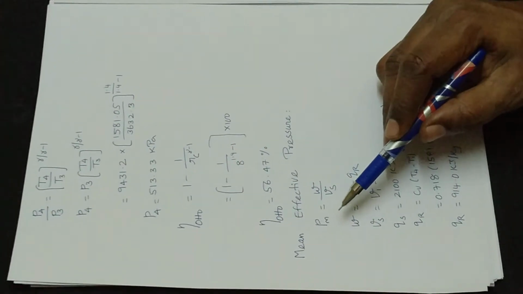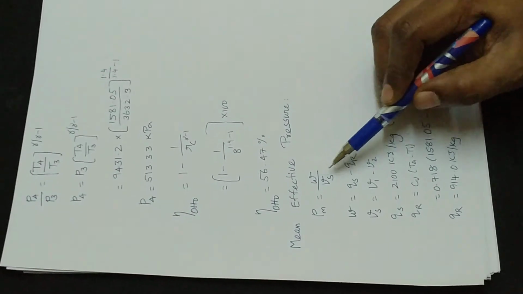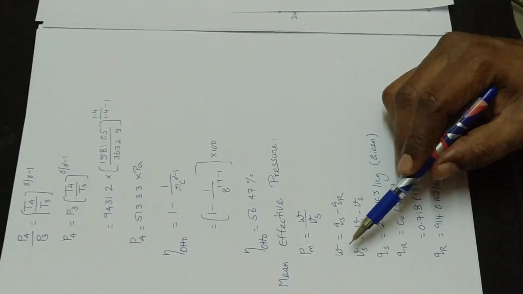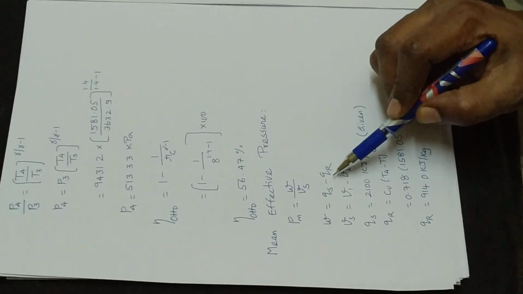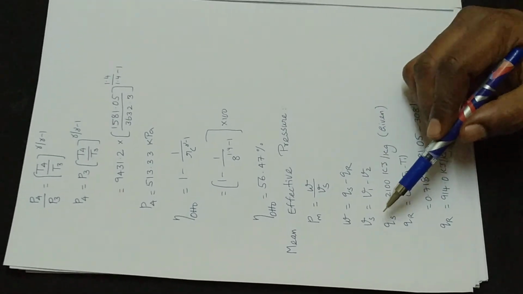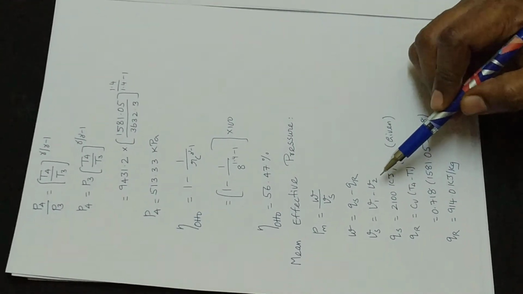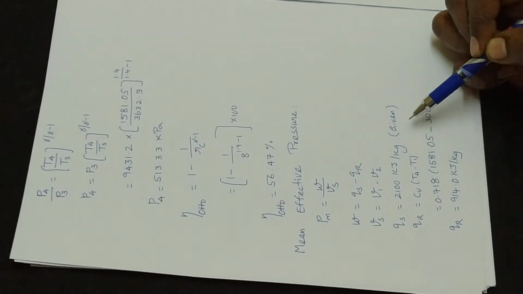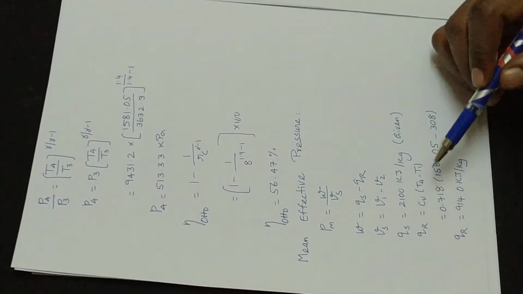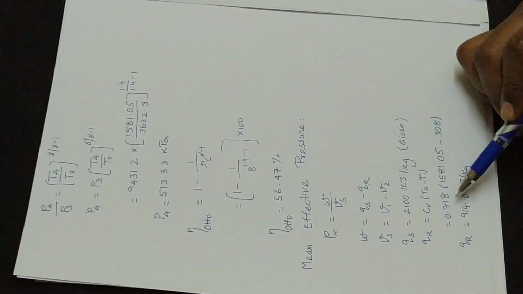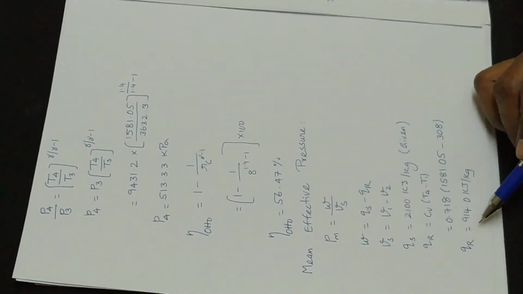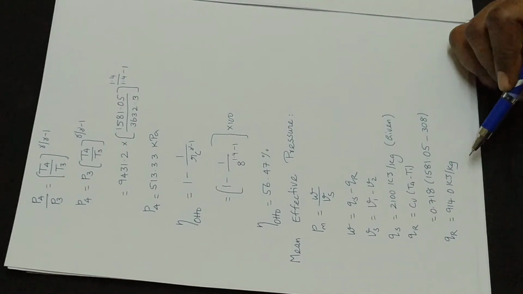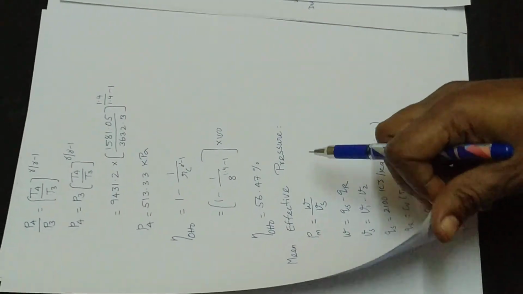Finally, we have to find the mean effective pressure. We know mean effective pressure is the ratio between work done and stroke volume, where work done is heat supplied minus heat rejected and stroke volume is V1 minus V2. The heat supplied is 2100 kilojoules per kilogram, given in the problem, and heat rejected is equal to Cv into T4 minus T1. We know all the values, and finally we get QR is equal to 914 kilojoules per kilogram.